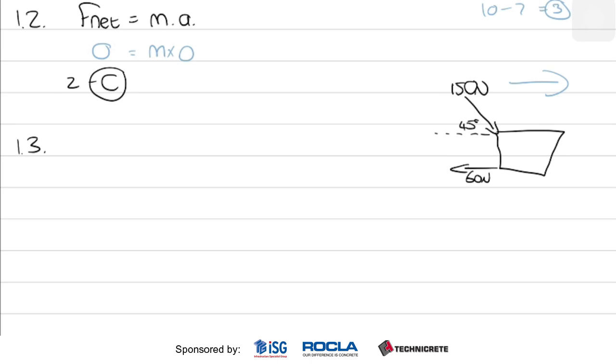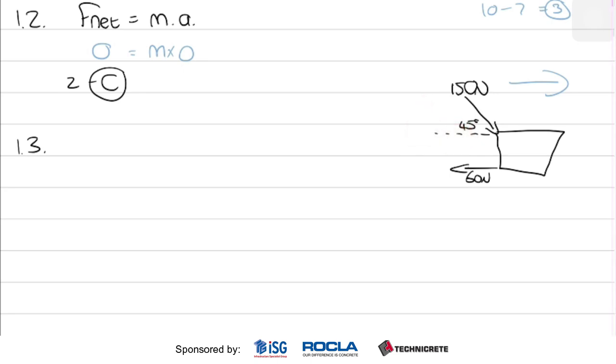The net force acting on the trolley causes the trolley to accelerate horizontally. So what does that mean? If our net force acting on this trolley is causing it to accelerate horizontally, we need a net force going in that direction. So how would we calculate what our net force is? We cannot take this 150 as our applied force in this direction, because this 150 has a vertical and a horizontal component, right? It is going down and to the right.